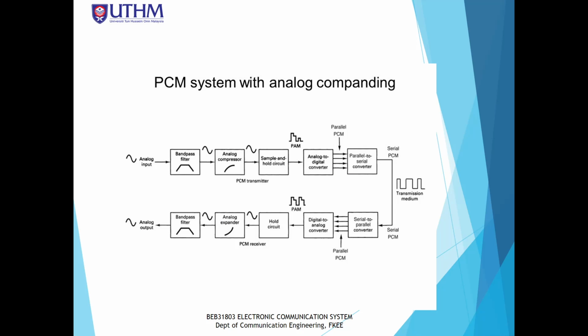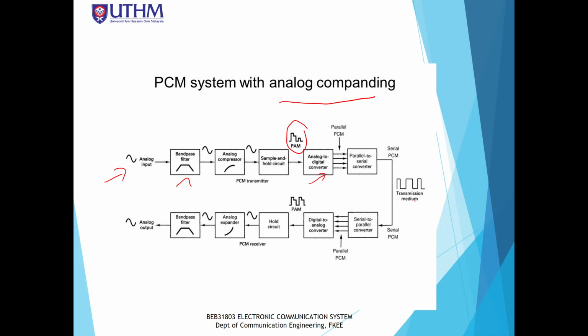And then here is a PCM with analog companding, so adanya proses compression and also expansion. Okay, so let's see here in the transmitter, analog input masuk ke dalam band pass filter, and then do the compression process, and then masuk ke dalam sample and hold to do the sampling process, we get the PAM signal, and then do the quantization and also the encoding process, and then kita jadikan dia sebagai digital pulses.